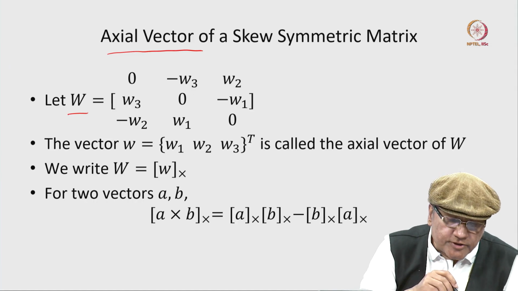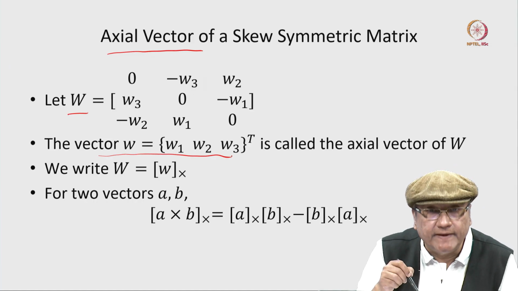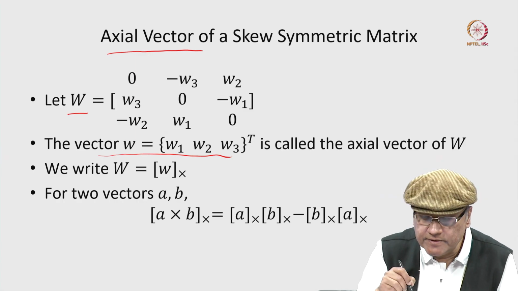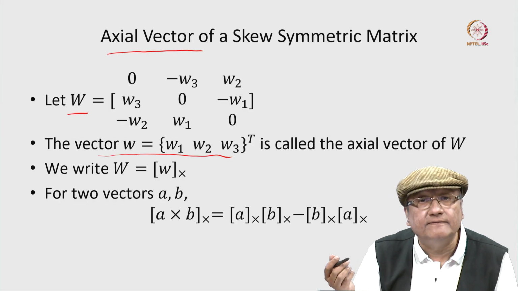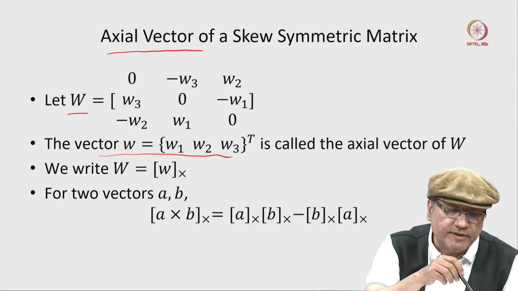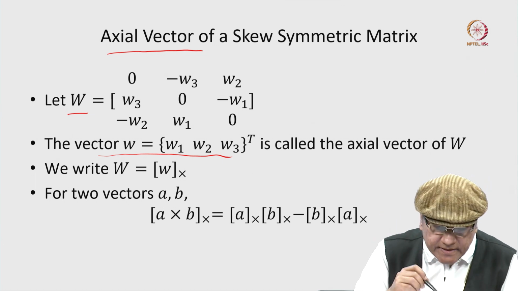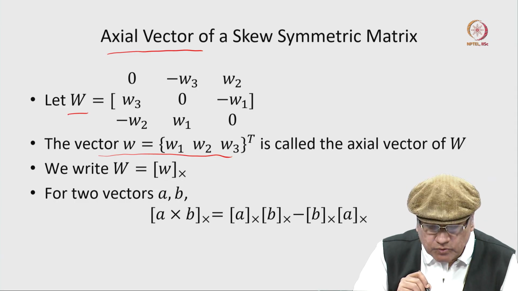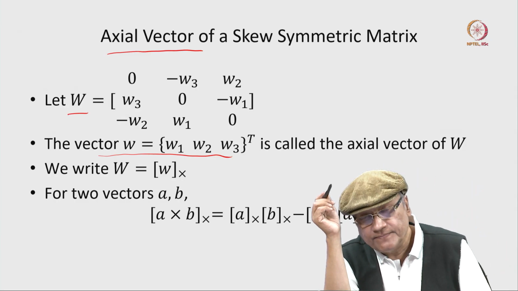Now, if I construct the vector w as W1, W2 and W3 column vector, because there is a transpose here, then this is called the axial vector of this skew-symmetric matrix capital W. And we write capital W is this square bracket small w cross, that is the notation we typically use.